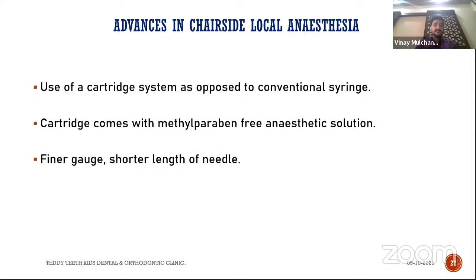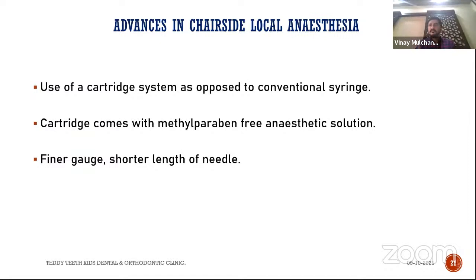The other advantage is using a finer gauge and shorter length of needle. When we give local anesthesia to a child, the tissue penetration has some discomfort which cannot be avoided. We use topical anesthesia, we use nitrous oxide, but we also use a finer gauge and shorter needle.